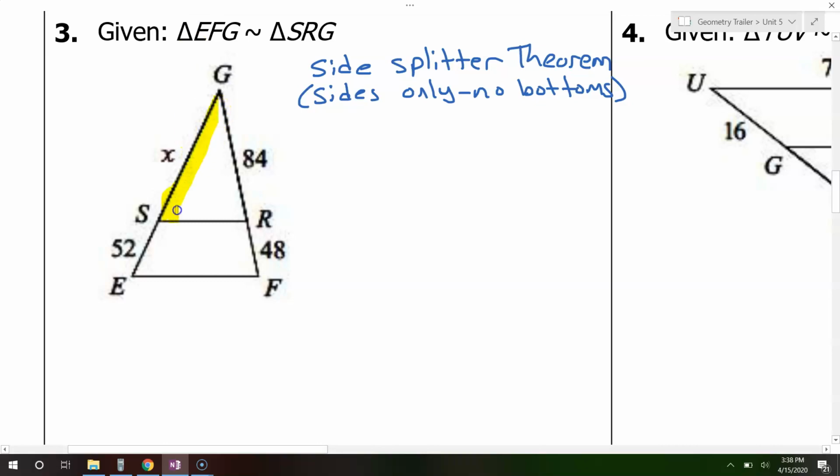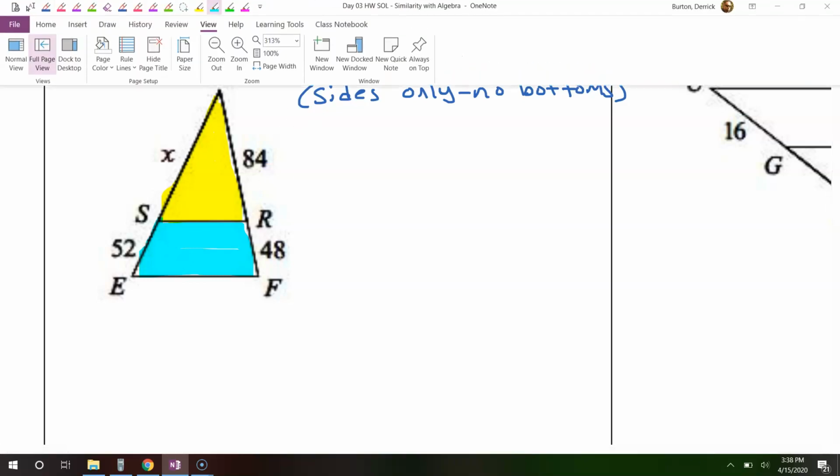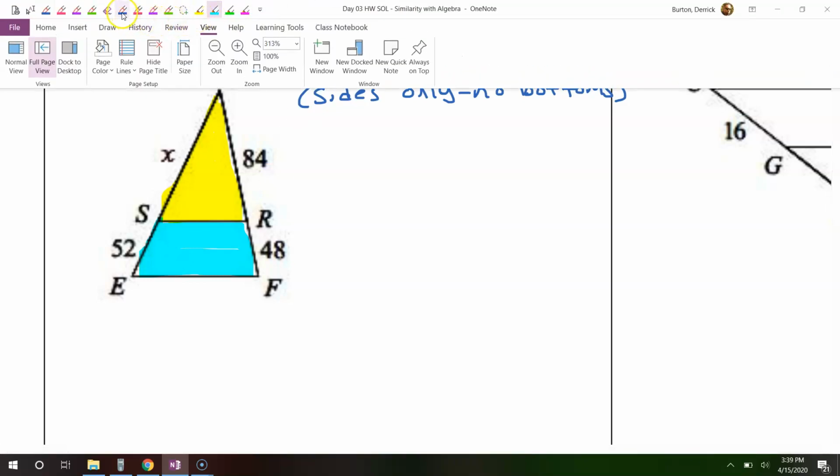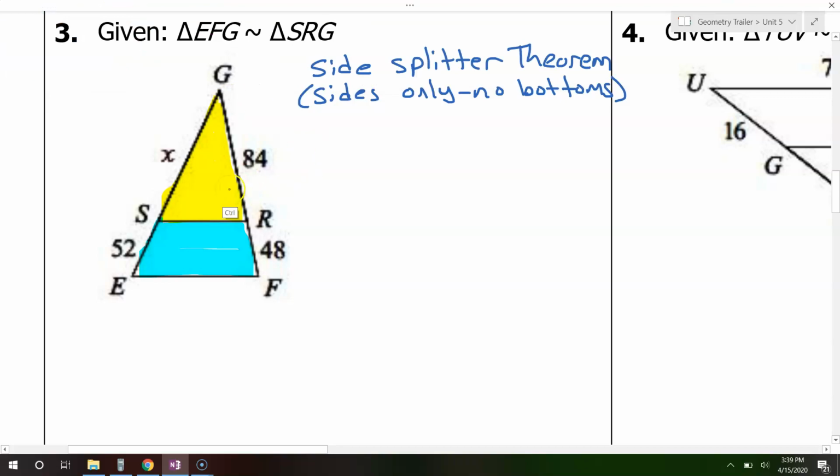So instead of looking at this as two separate triangles, we can just split this one triangle into two zones. So we've got this yellow zone, and then down here we've got the blue zone. When we make our proportion, instead of doing new over old like we usually do, we'll just go yellow over blue equals yellow over blue.